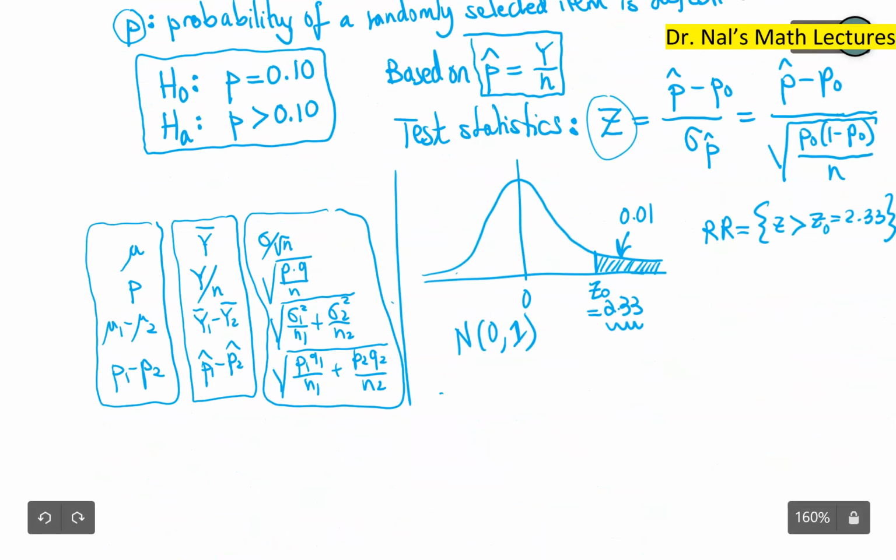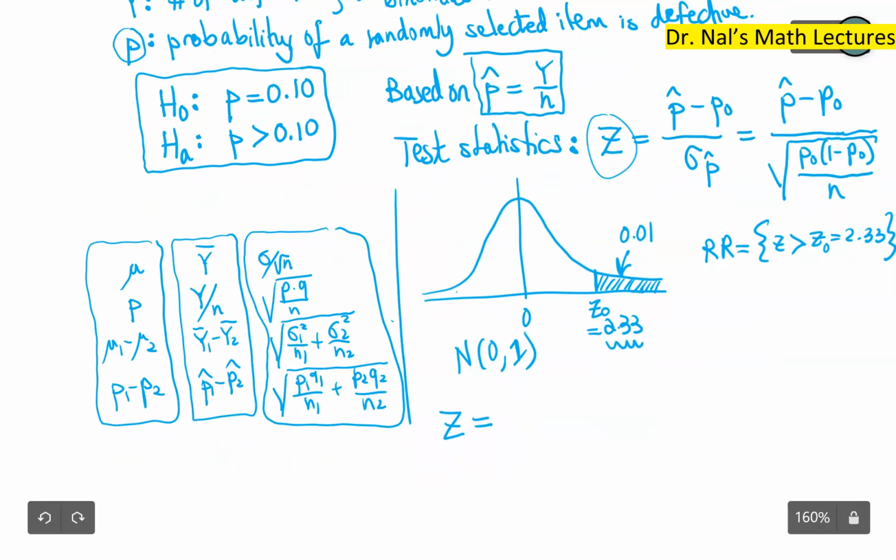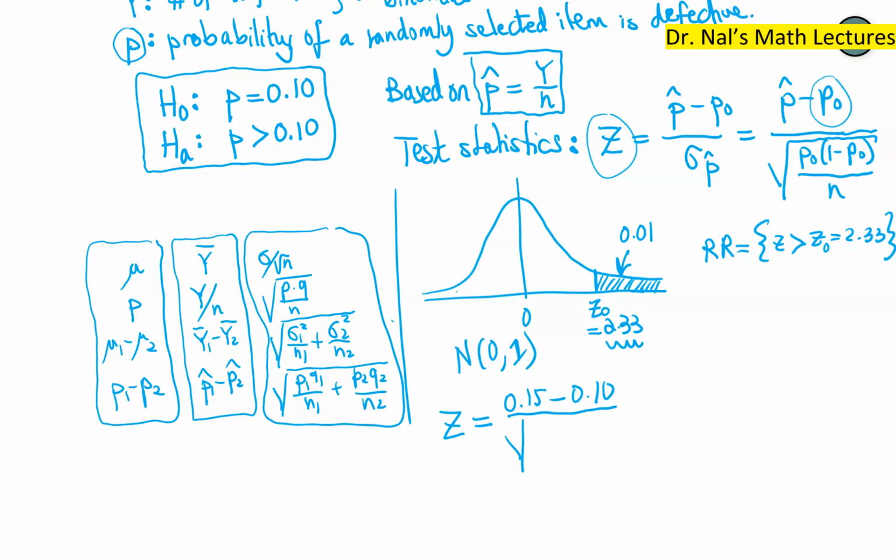So let's first calculate the test statistic z. Z is equal to, plugging in the values, p hat, 15 defective, so 15 over 100 is 0.15, minus p0, 0.10, that was the original claim, divided by the square root of success, 0.1.